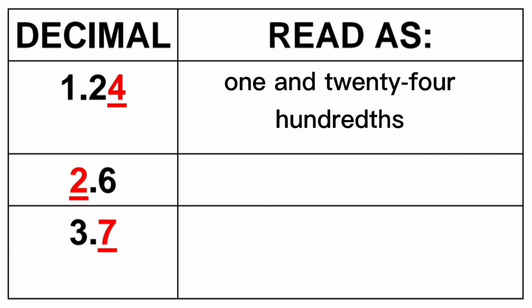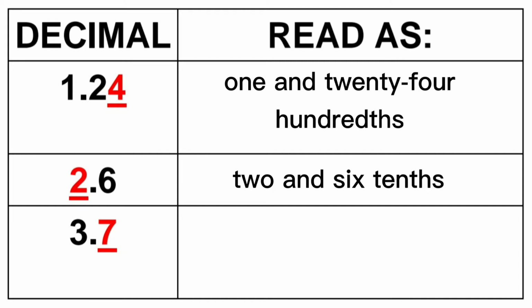So let's move to the other decimal, which is 2.6. How are we going to read it the correct way? Okay, anyone? Shan, what's your answer? Okay, the answer is 2 and 6 tenths. Okay, very good.